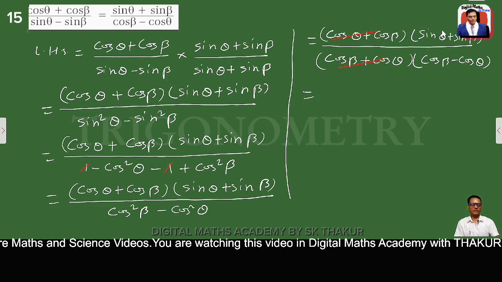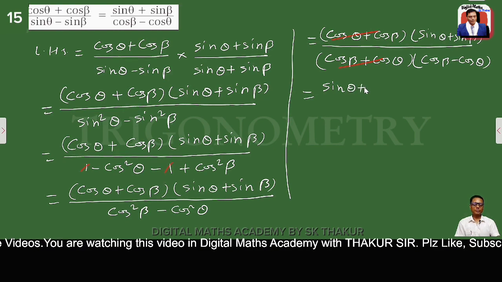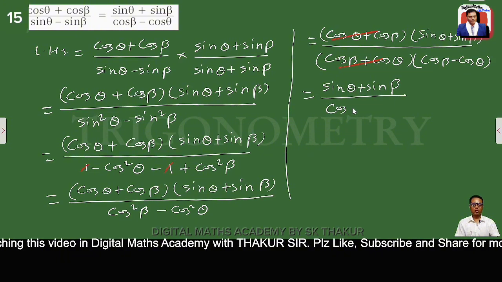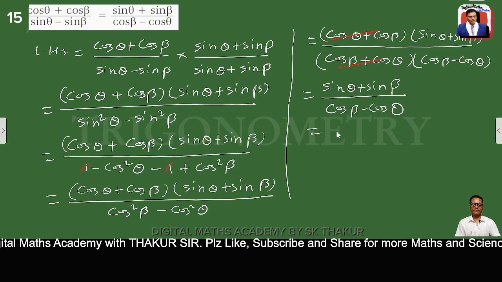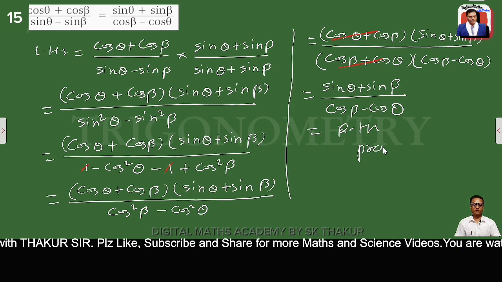The remaining is (sinθ + sinβ) over (cosβ − cosθ). With that we have the right hand side, it's proved.